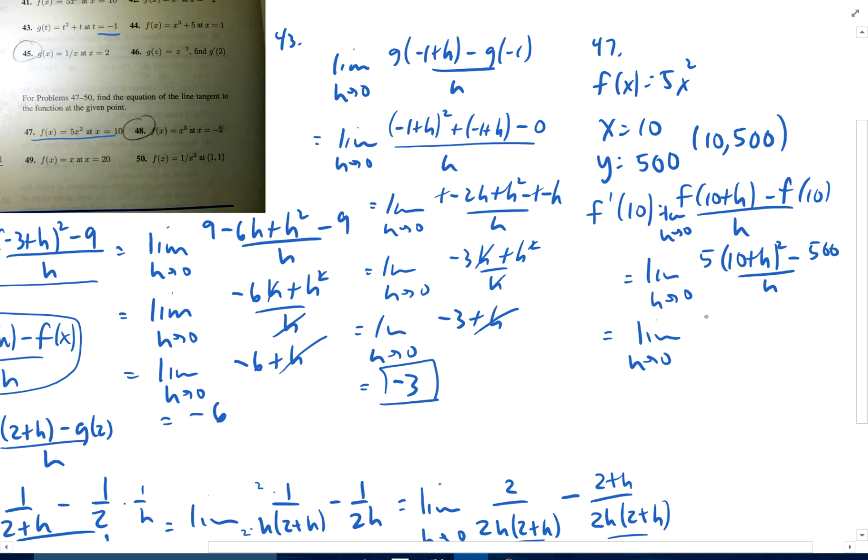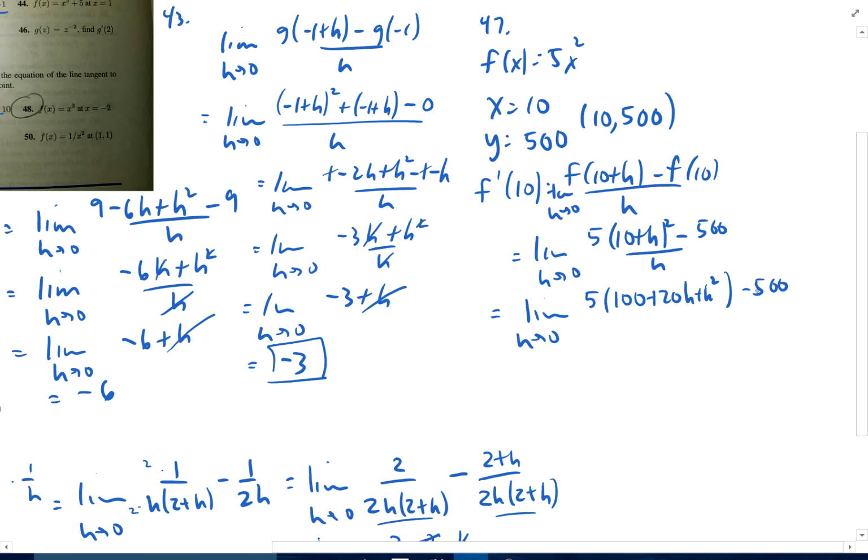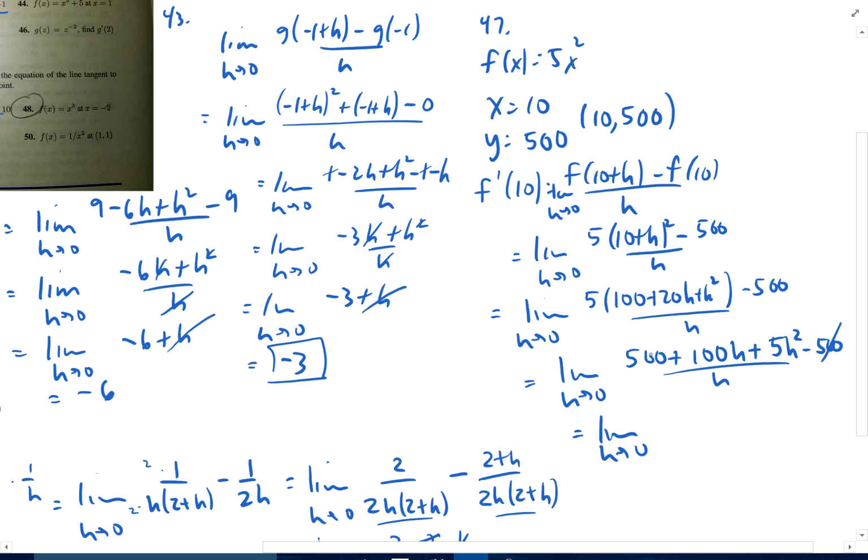So it'd be 100 plus 20h plus h squared, minus 500 over h. That's going to be 500 plus 100h plus 5h squared minus 500 all over h. The limit as h goes to 0, so those 500s cancel. The h's cancel, so you're left with 100 plus 5h. As h goes to 0, that goes away. So I'm just left with 100.